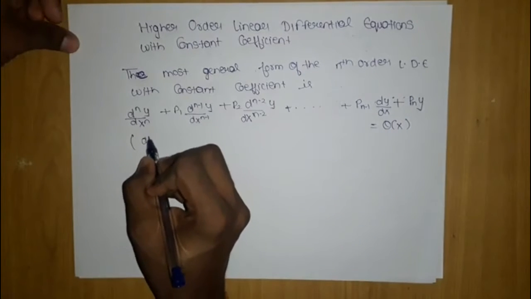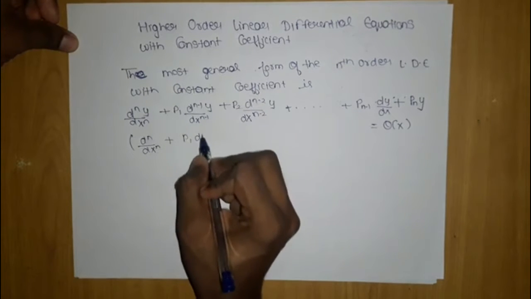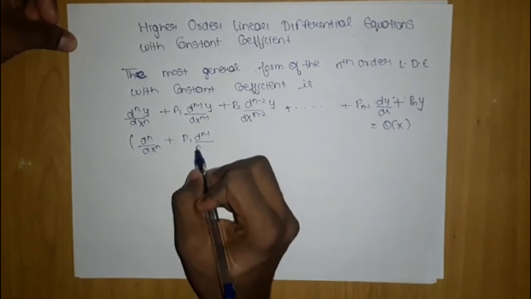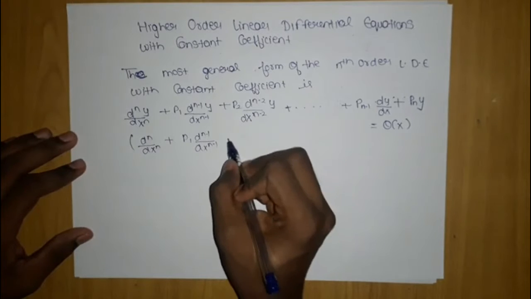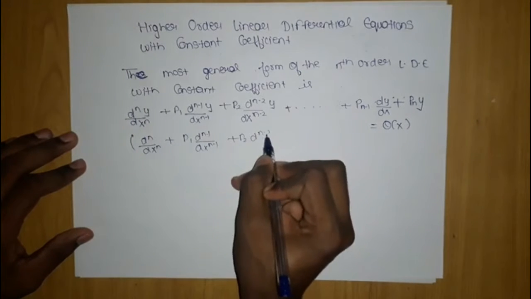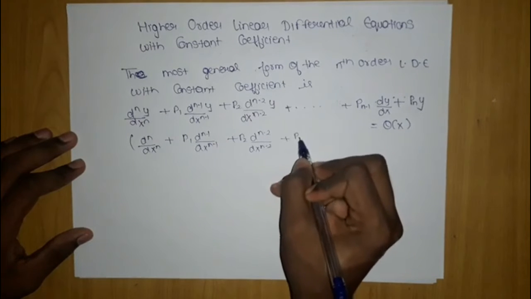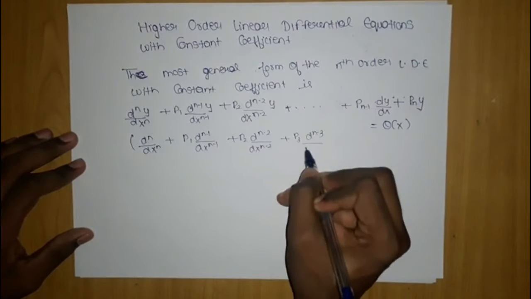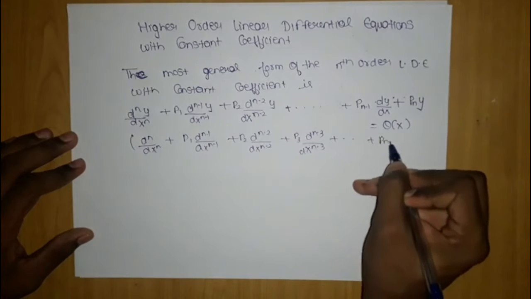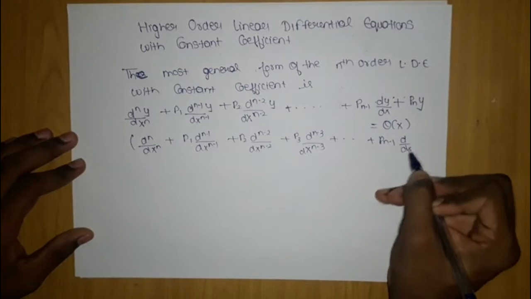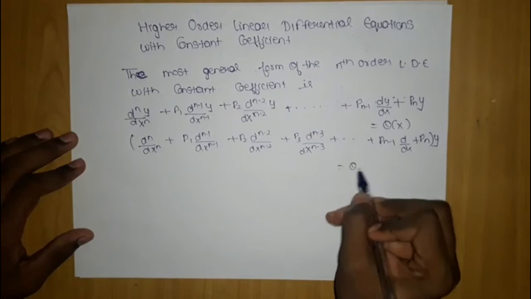We are going to get d^n by dx^n plus p1 d^(n-1) by dx^(n-1), and here p2 d^(n-2) by dx^(n-2), p3 d^(n-3) by dx^(n-3), and so on till p(n-1) d by dx plus pn, into y. I have taken y outside, into q of x.